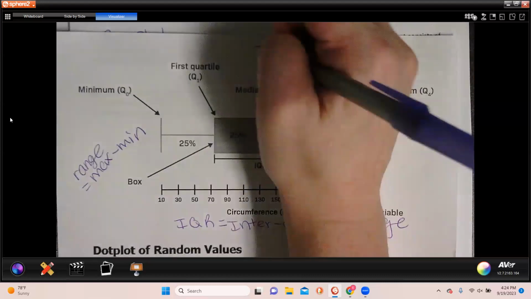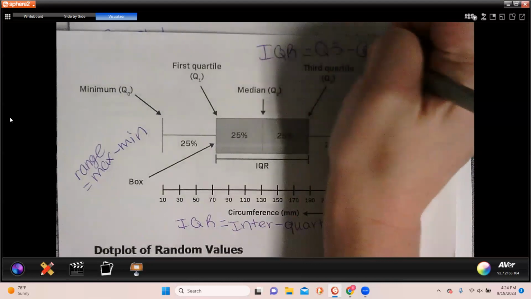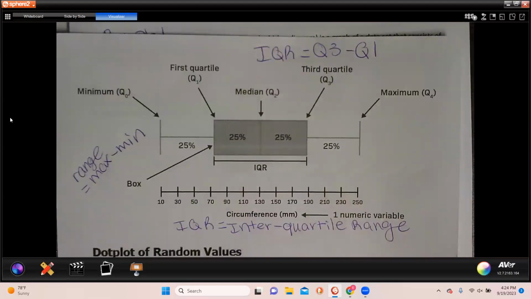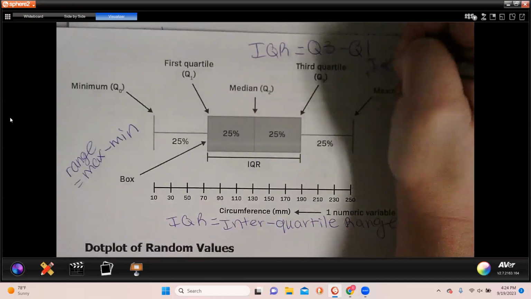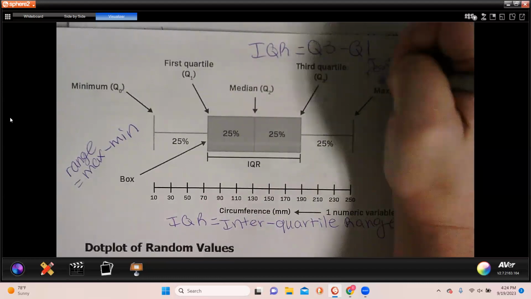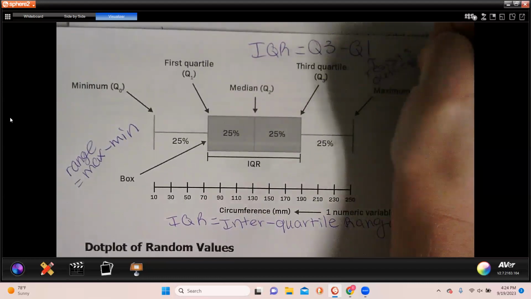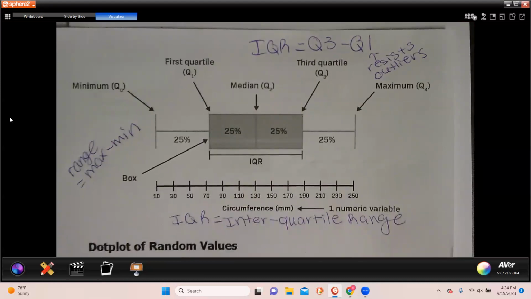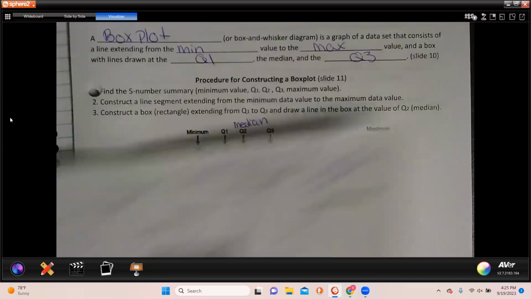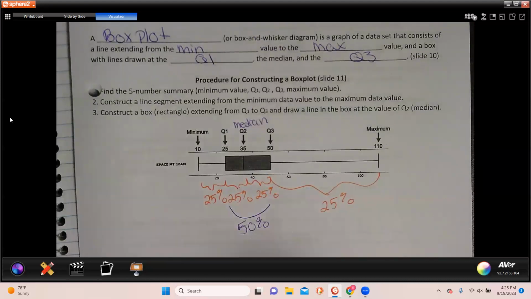The IQR is Q3 minus Q1, and it resists outliers, which is important. It consists of about 50% of the data. So any of these pieces of information should be pretty obvious and easy to get if they've given you a box plot.